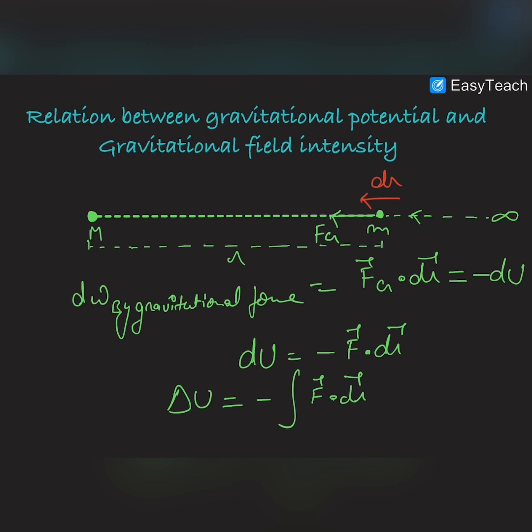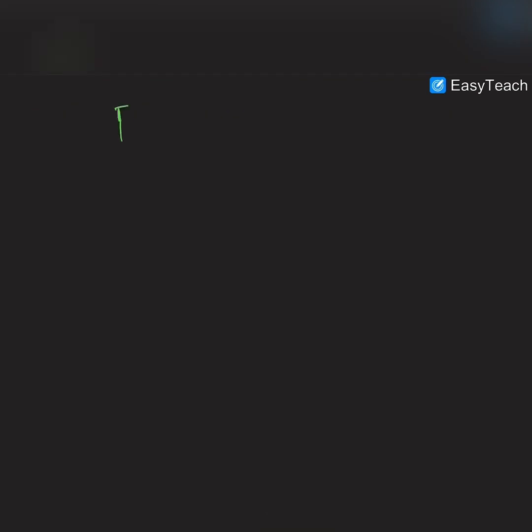Now we know that the gravitational force is equal to GMm by r square. So let us substitute this value and see what the result is. So now the vector form of this force will be like that, this is r cube and this is r vector.